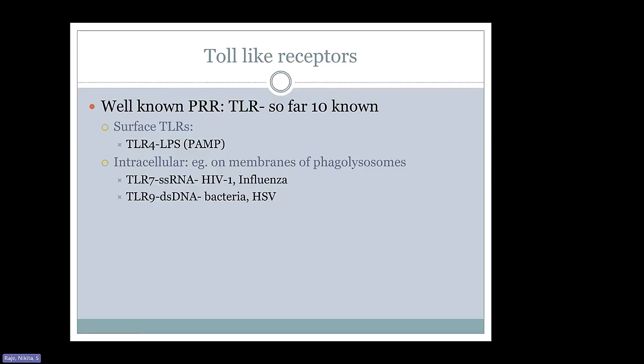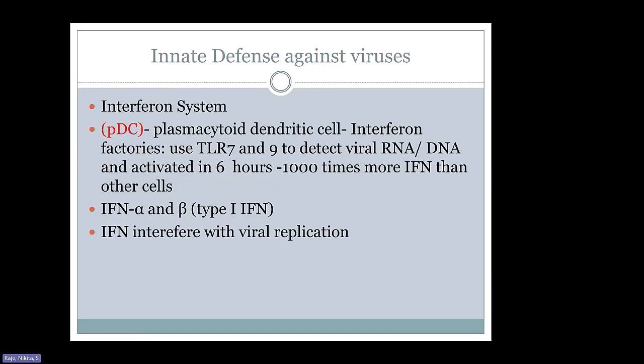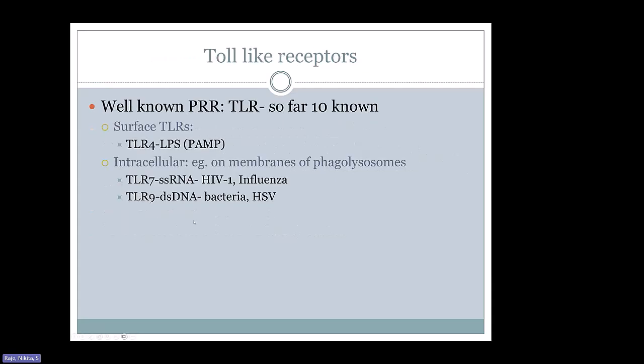Single-stranded RNA is typically from viruses like HIV or influenza. TLR9 binds to double-stranded DNA from bacteria or HSV. Toll-like receptors, especially the intracellular ones, are really important for recognizing viral infections.